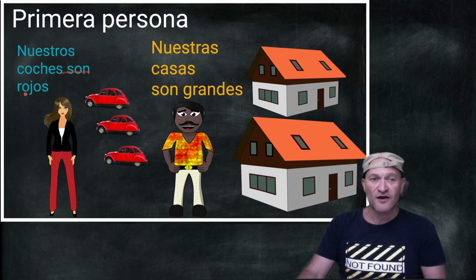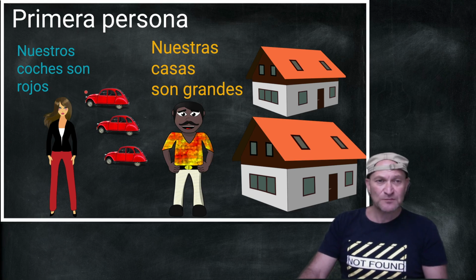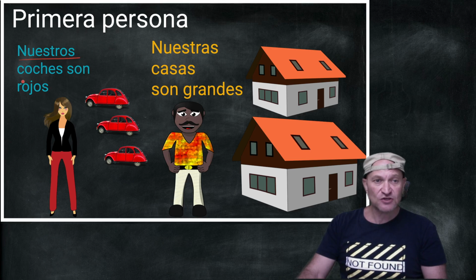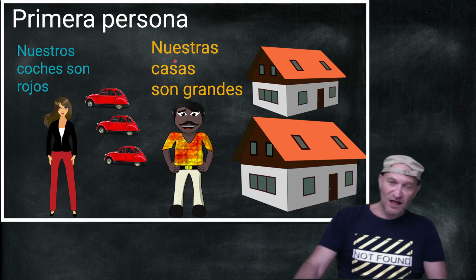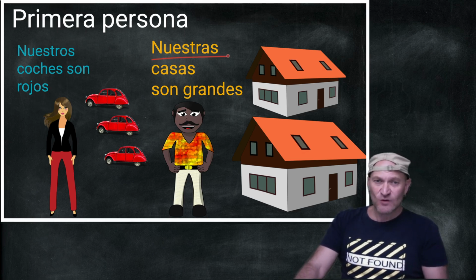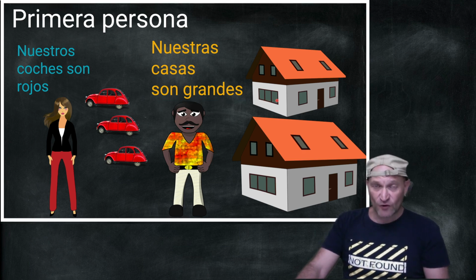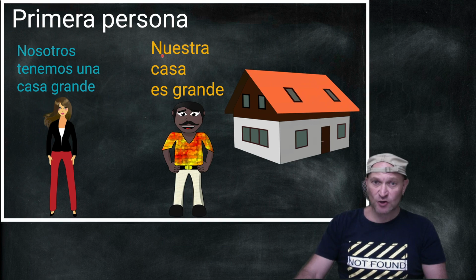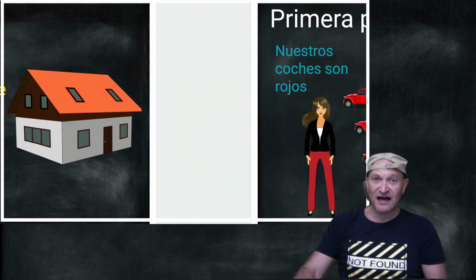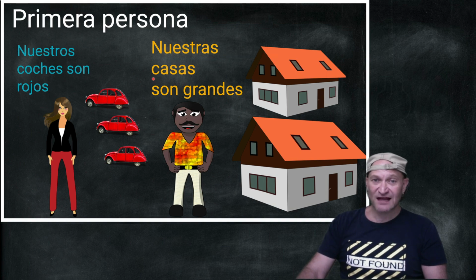Our cars are red. And you can see, we put the plural in everything: in the possessive, in the noun, in the verb, and in the adjective. We don't say nuestro coche es rojo, but nuestros coches son rojos, because they have three cars. And in feminine, he said, nuestras casas son grandes, because they have more than one. Remember, for one, nuestra casa es grande, and for more than one, nuestras casas son grandes.